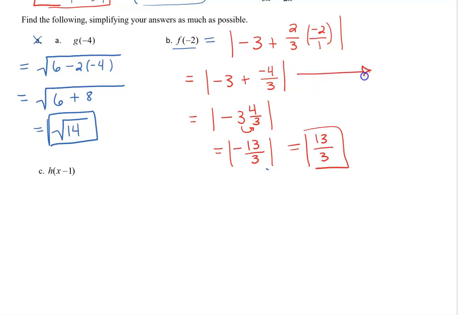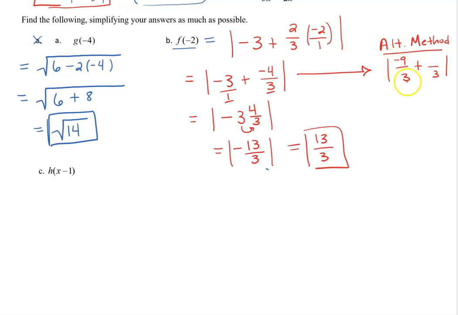Another way to think about this, my alternate method, is think of -3. You can find a common denominator. So -3 over 1. The common denominator between 1 and 3 would be 3. And then 1 times 3 is 3. So this is going to be -3 times 3, which is -9.